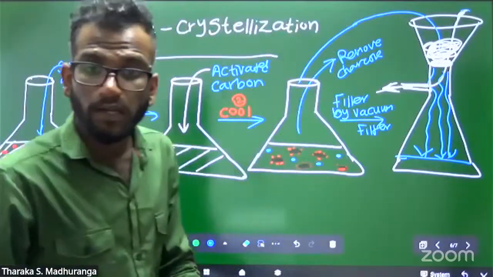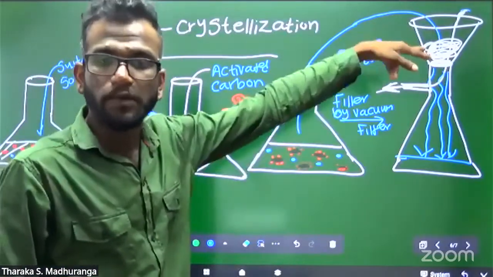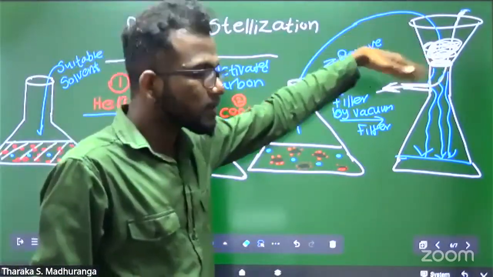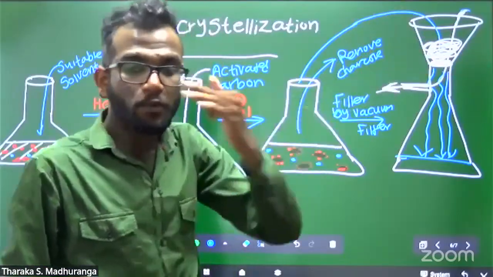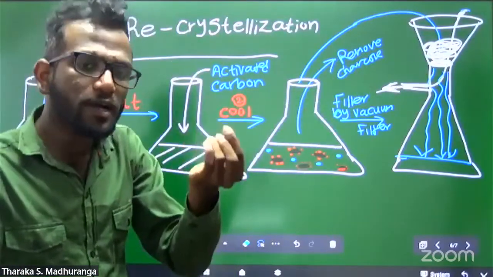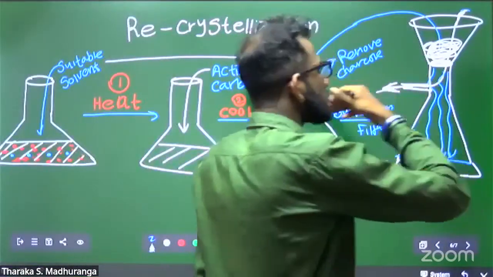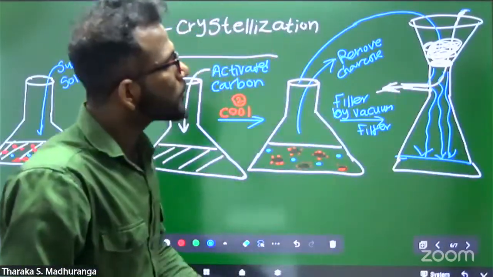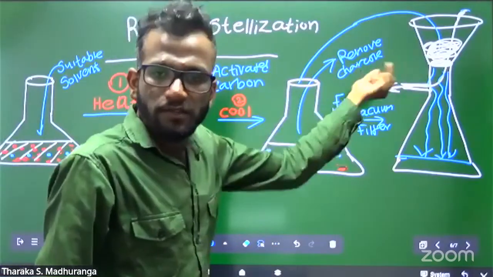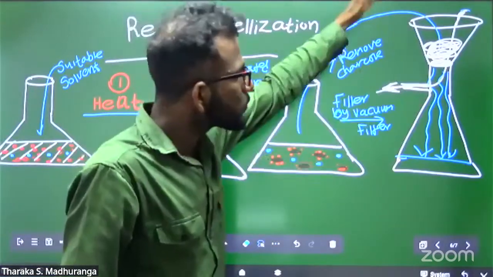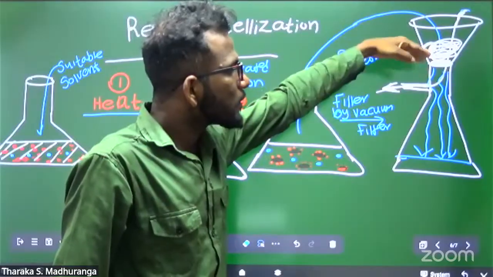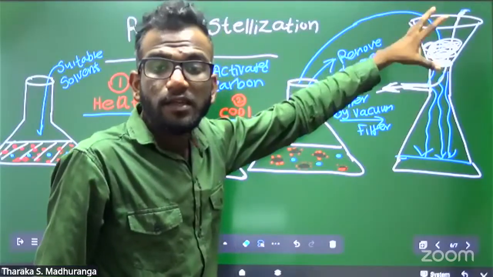The specific required pore size filter paper we need to find, according to the compound. And after filtering, we need to continue the vacuum pump on the remaining compound until it is dry.